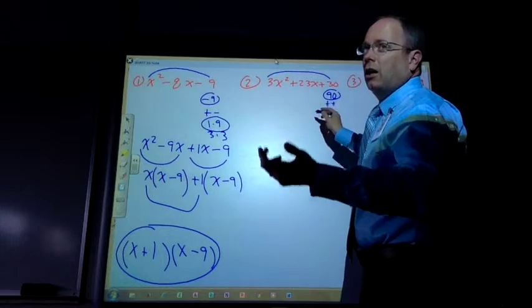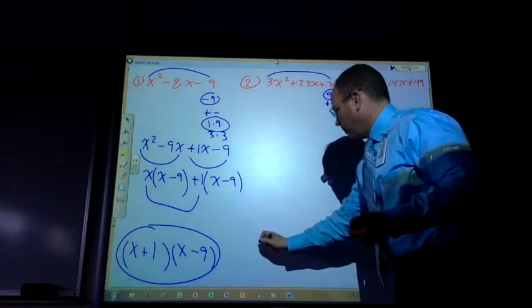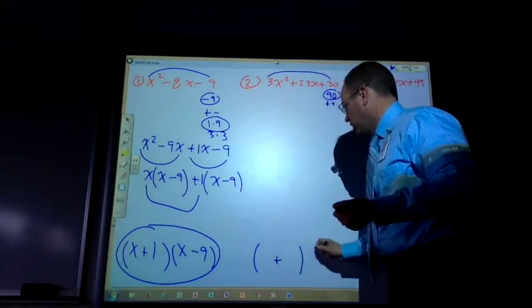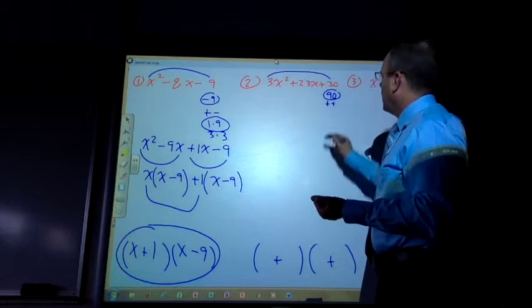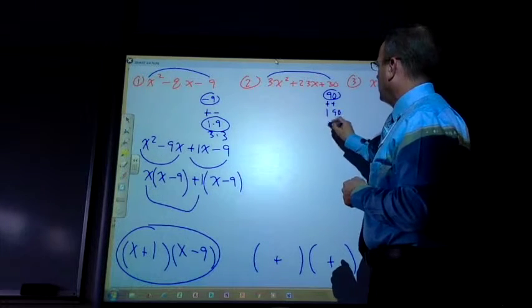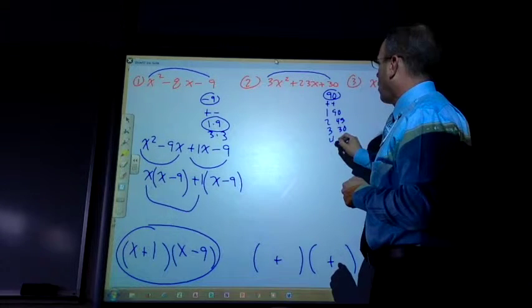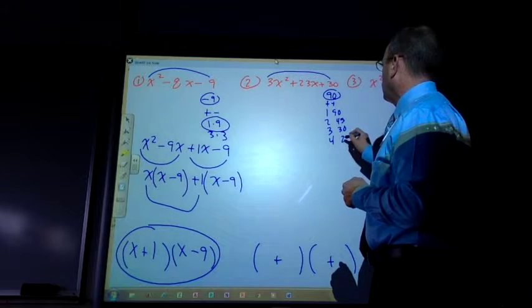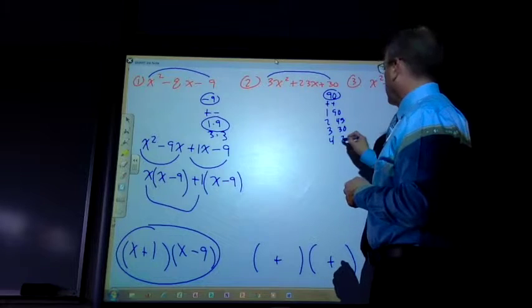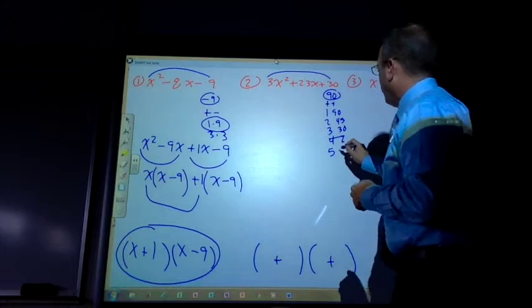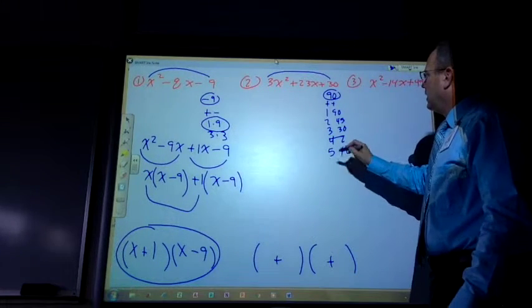Let's see. I'm going to list all the factors of 90, though. So I know that my answer is going to have both positive answers. Factors of 90 are 1 and 90, 2 and 45, 3 and 30, 4 doesn't work. 5 works. 5 and 18.